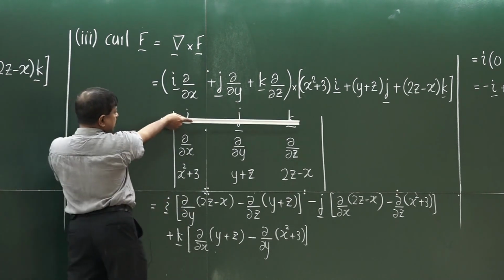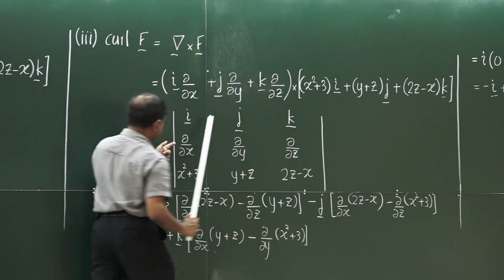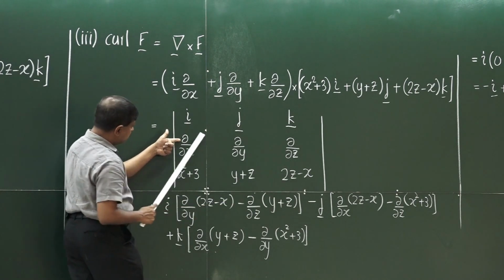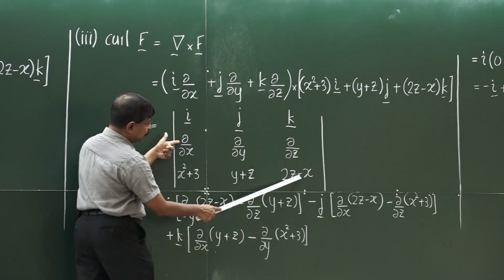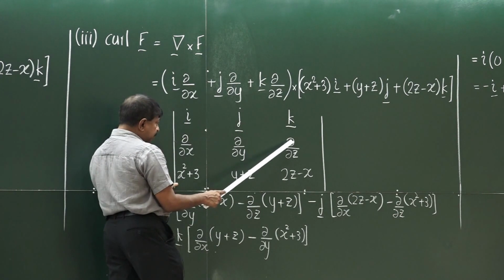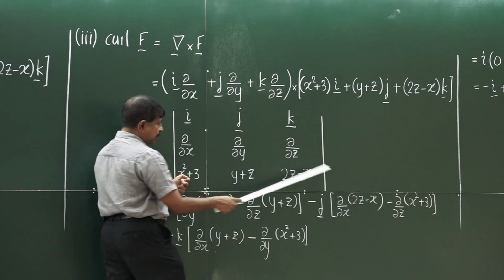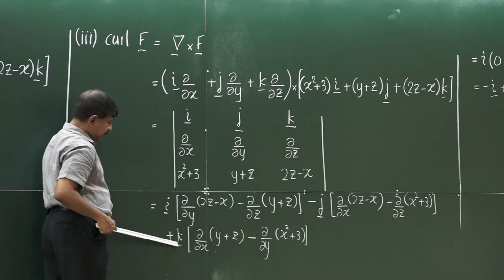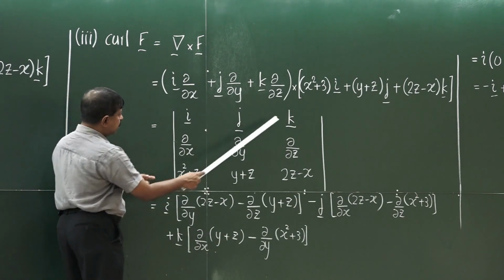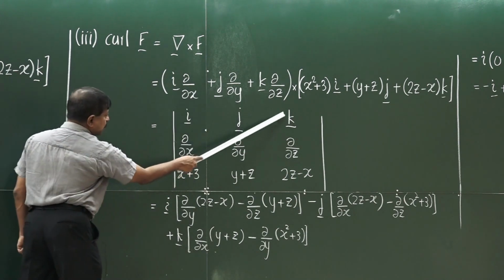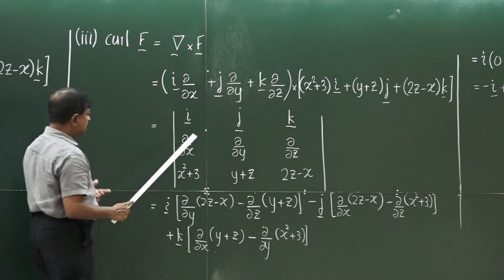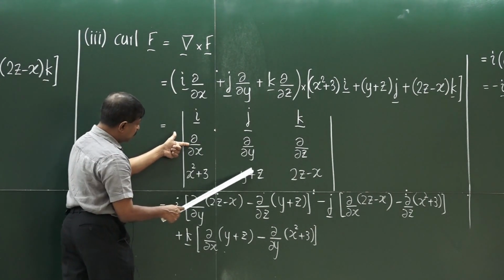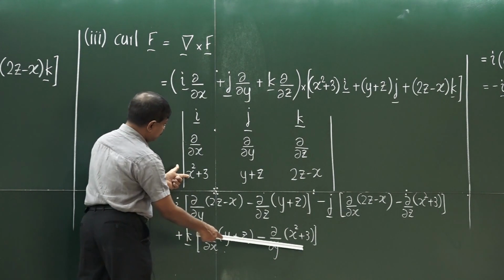Then you delete this row and this column. So, you will end up with these 4 terms. So, you evaluate that determinant. So, partial over partial x with this one, you have it here, minus partial over partial z with this one, you have it here. Finally, in the last term, plus k times, right, you leave this row and this column containing k, then you take this product, partial over partial x with this one, minus this term.